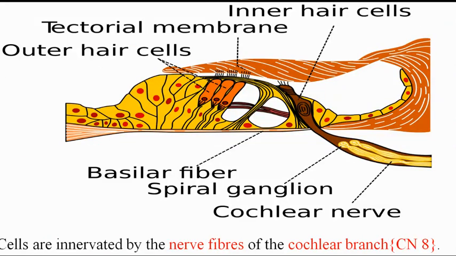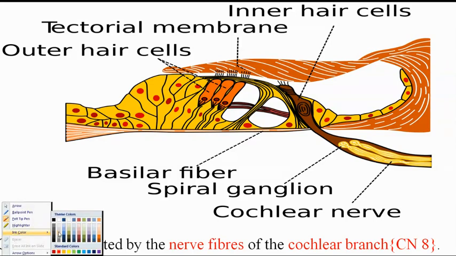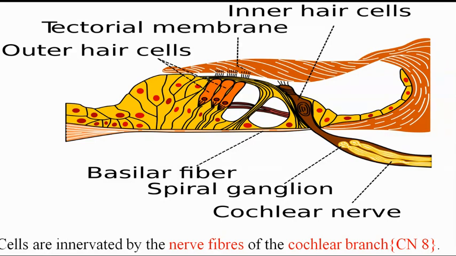So let us see the magnified structure of this organ of Corti. Here in the organ of Corti, you can see the structures. Let us see in detail about this. These are the hair cells, and these are the outer hair cells.